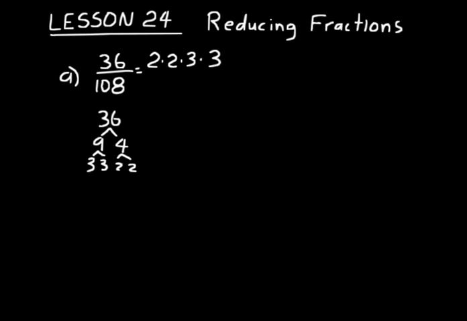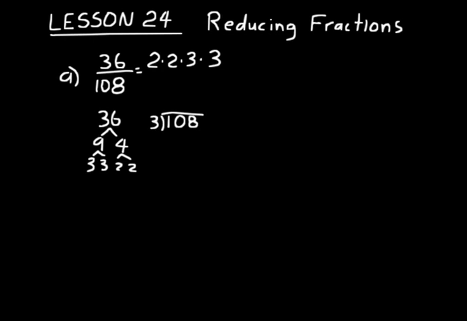Now let's do 108. I can't think of anything right off the top of my head for 108, so let's just do division on that one. Let's use divisibility. We can add those digits up: 1 plus 0 plus 8 is 9, so we know that 3 is going to be a factor.